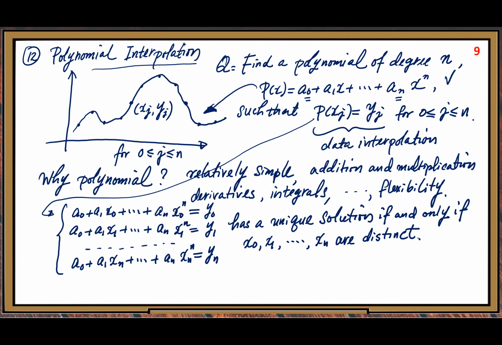If they are different, then you can always find a solution. So this is from linear algebra.